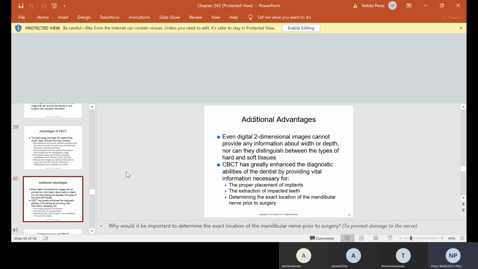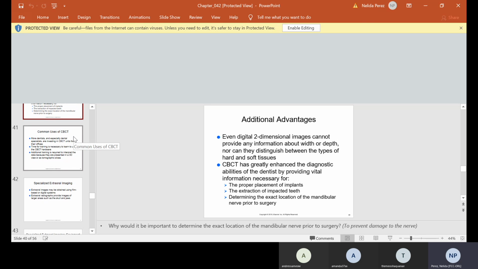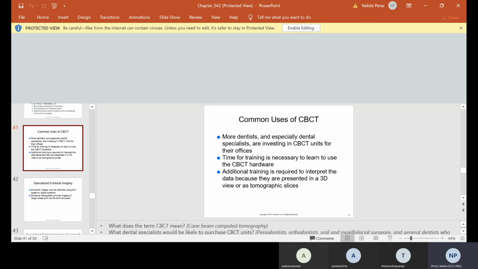I know many doctors use it a lot for implants. All right, and very difficult cases. So if it's somebody with a very difficult mouth, they will send them to get a CBCT and do a more thorough treatment plan for them.